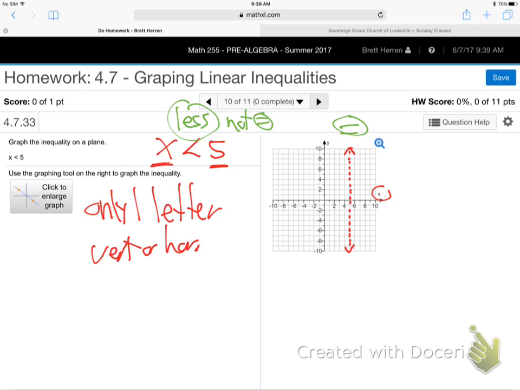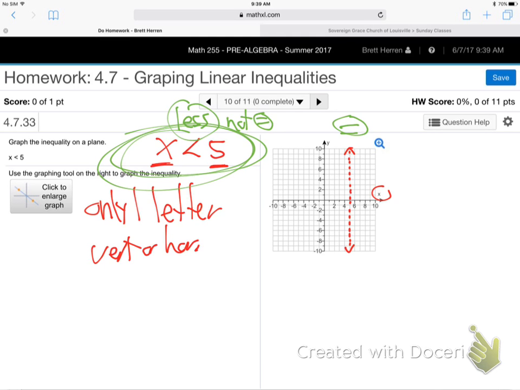Now, should the shading be to the right or the left? It's weird, because we can't really say above and below, can we? That line's not tilted at all. We don't even have a y at all. So you can't really think above and below. That's a y kind of concept, an up-down kind of concept. We only have x.